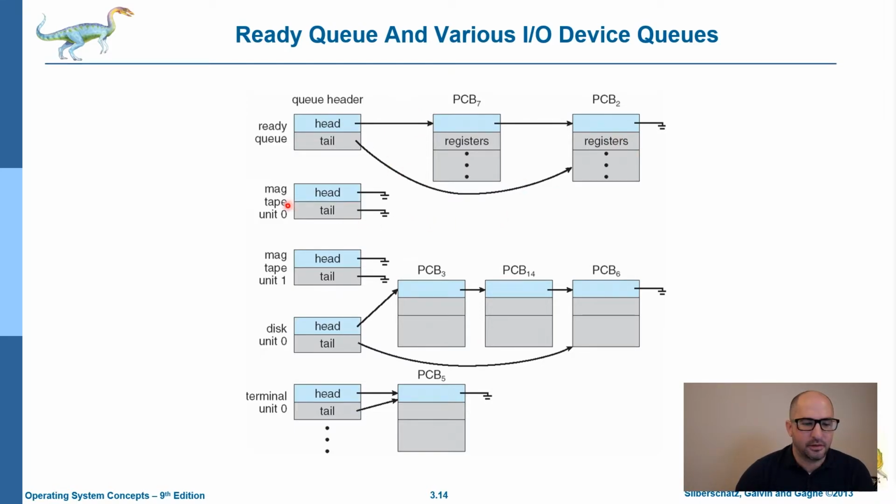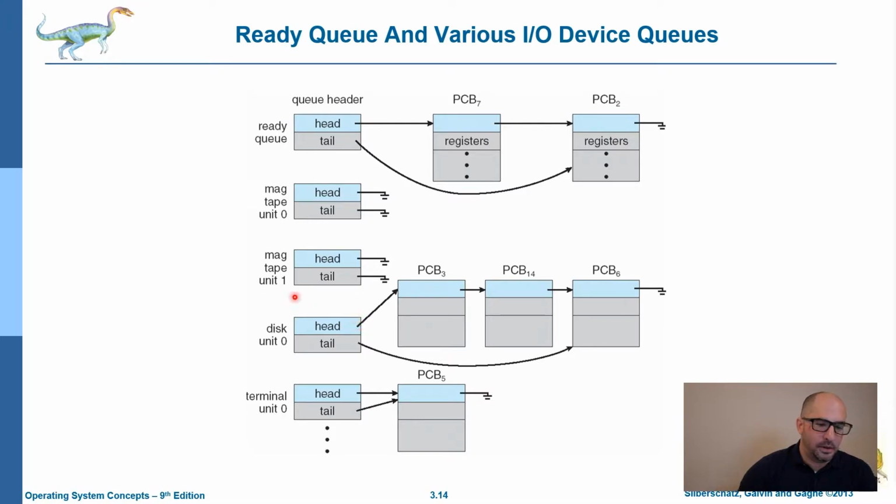We notice that we have 4 device queues hanging over here, and tape 0 is empty, but disk 0 is not empty. And what this means is that the process associated with this process control block is waiting for the I/O operation to complete. So that's what it means to live on this queue.